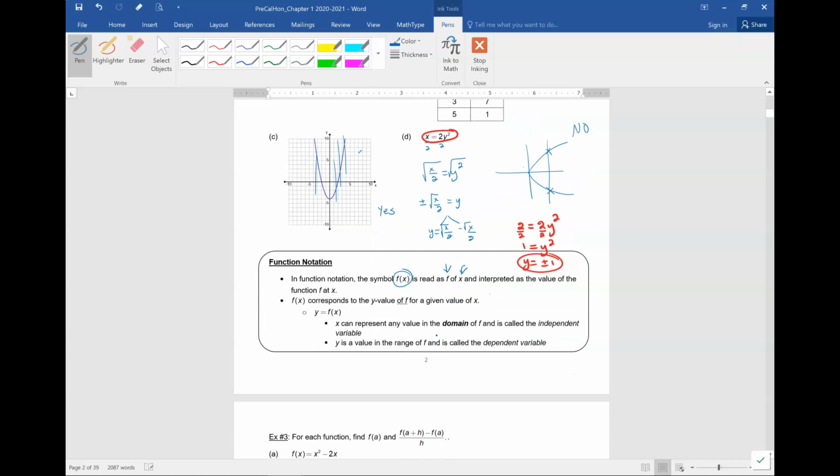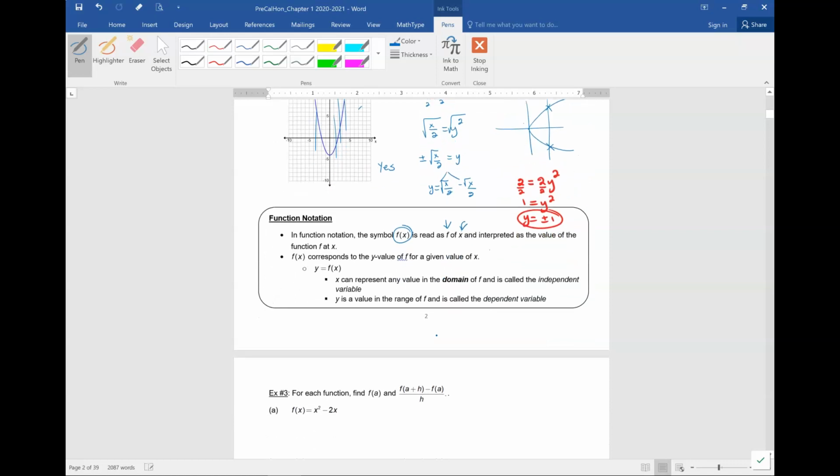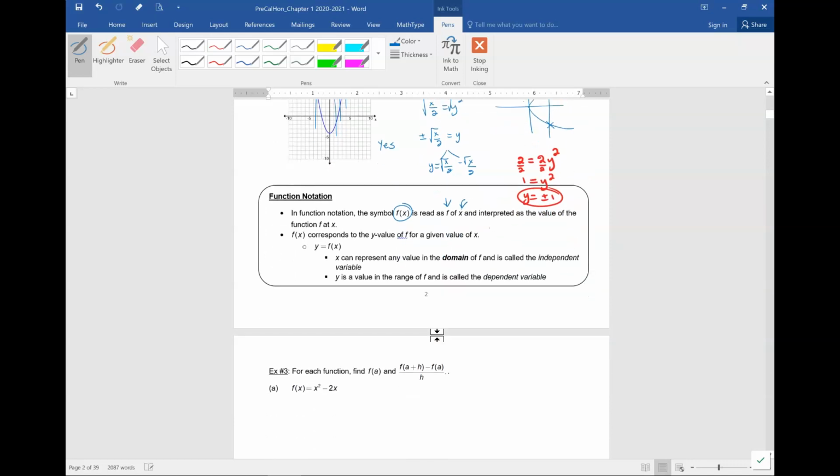It is interchangeable: f of x is interchangeable with y. When you have y equals f of x, like we said, x represents the values of the domain, and that's called the independent variable. The values that y takes on are the range, and they're called the dependent variable.